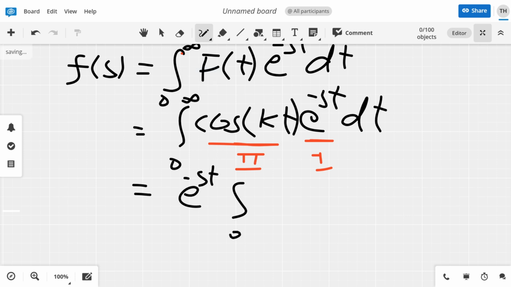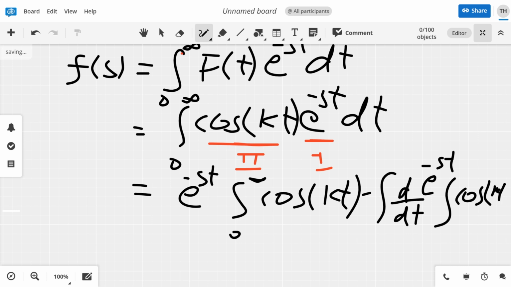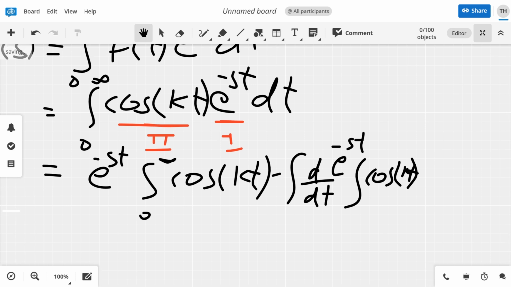and take the integration from 0 to infinity, here I will write cos kt, here I write minus the derivative of the exponential term, minus st, and the integration of the second function cos kt, and dt.